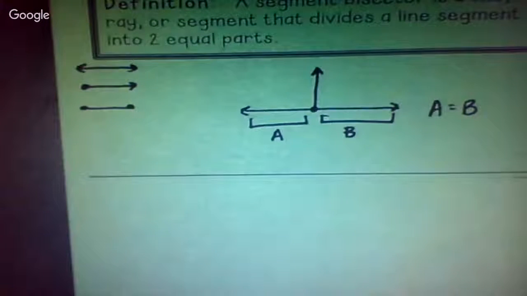Anytime it tells you anything bisects something, that even goes with what we're going to do tomorrow: angle bisector. It is a line or a ray that splits an angle into two equal pieces. So let's do some examples that go along with this.